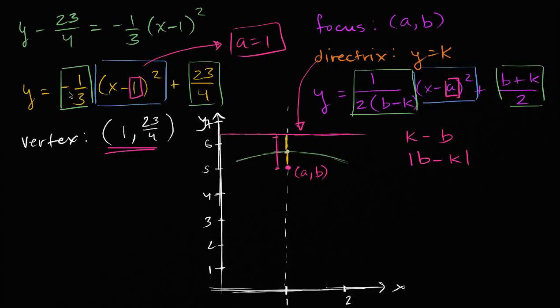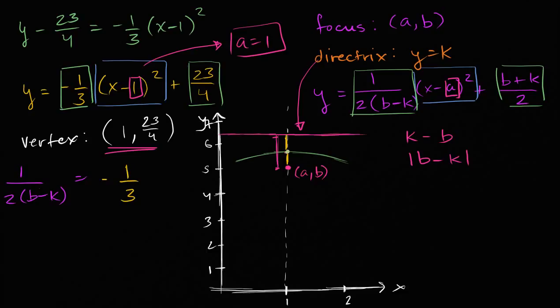So let's solve for b minus k. 1 over 2 times b minus k is going to be equal to negative 1/3. Once again, this corresponds to that.